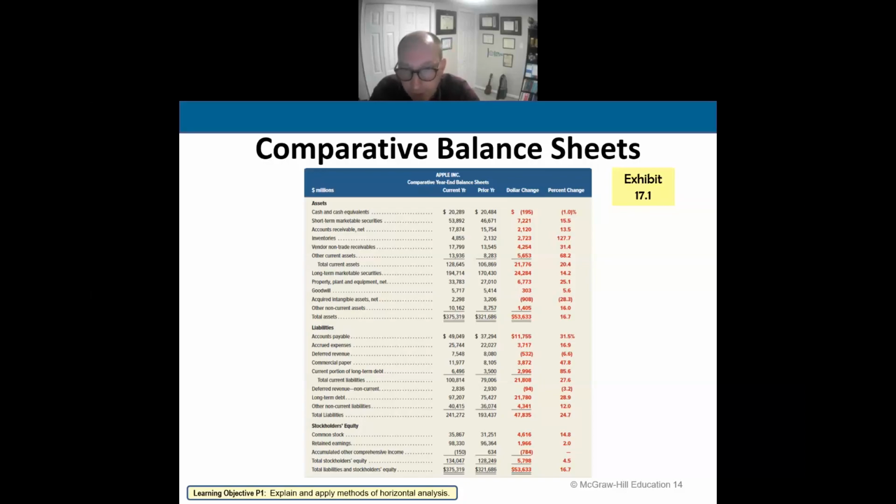Look, for example, if you look at inventories, inventories in the current year is $4,855. The previous year was $2,132. That is a total dollar change increase by $2,723. That's a percent change of 127.7%.